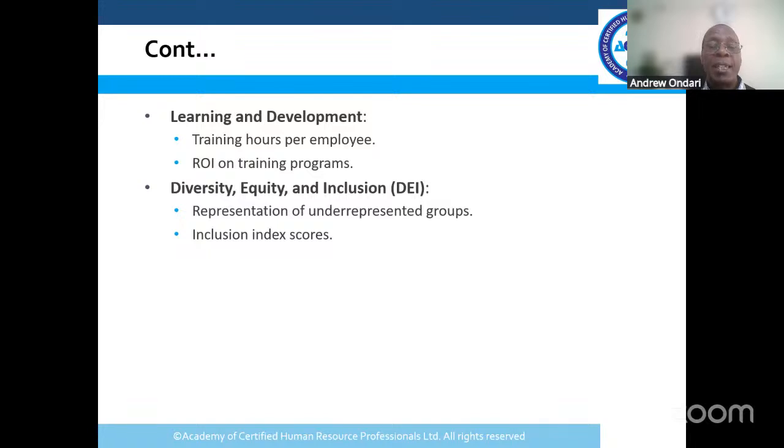So we assess the returns we are getting from the training and the development intervention. So you compare this function with others in the market. How do they ensure that they get a return on their investment?